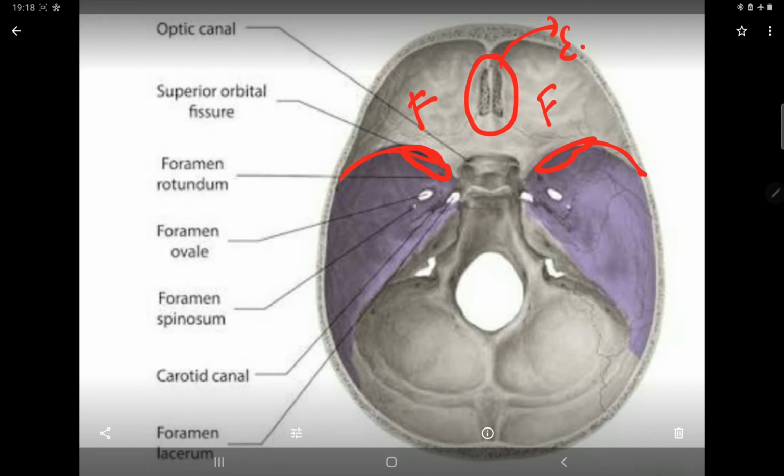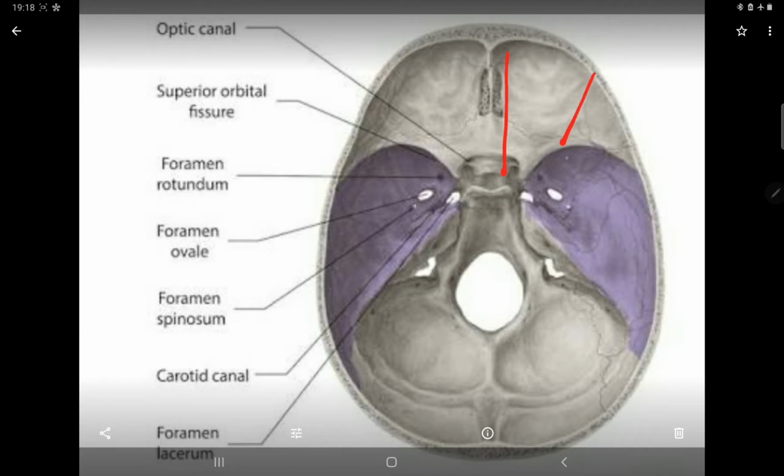So now if you cut and remove the frontal bone, you can see that the structure below the frontal bone is the orbit. You cut and remove the frontal bone, and you can see the orbit from the superior view now. So let's imagine this is your orbit below the frontal bone. Here is your orbit.